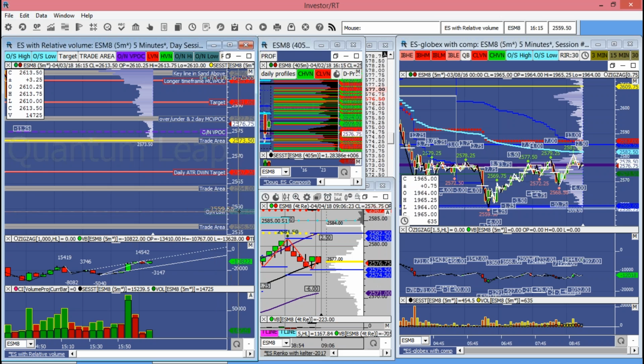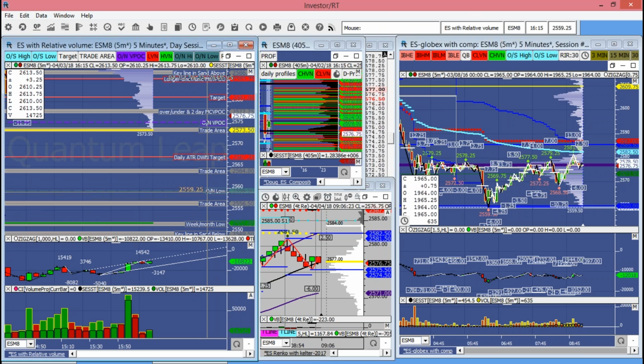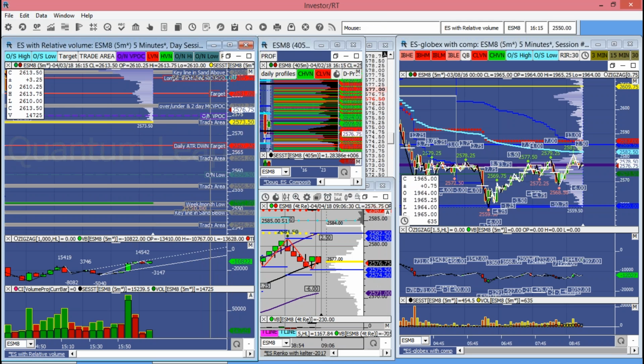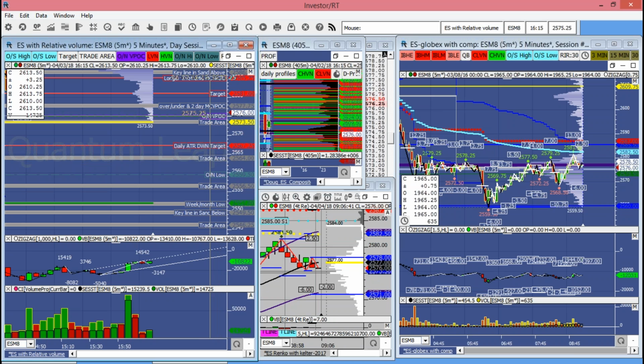I'm targeting the overnight low, a possible push through to test the month low and the key line in the sand, and then basing and chopping in this 55 to 75 area and getting stuck in that wick below.